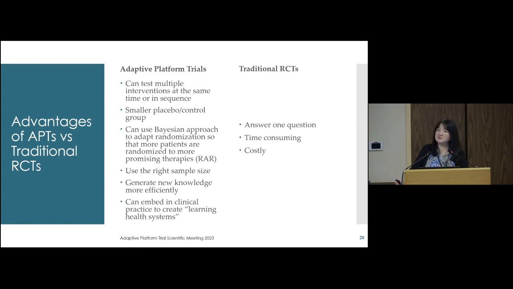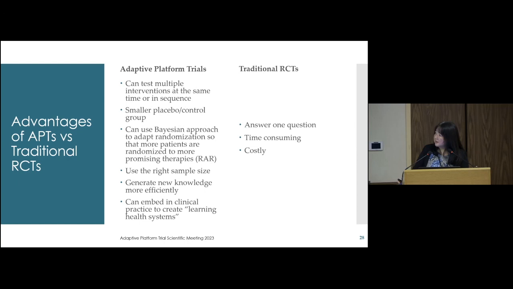You can minimize the people who are exposed to placebo or control by doing response adaptive randomization, and you do that by a Bayesian approach. You don't have to do it, but it's all modular, as I explained. That's one feature: you can have more patients randomized to the more promising therapies.